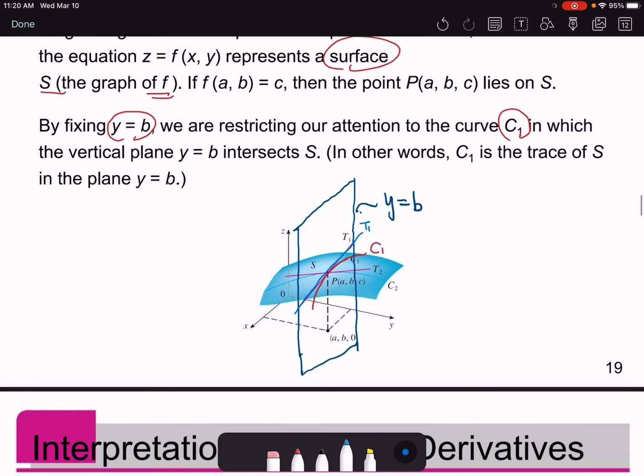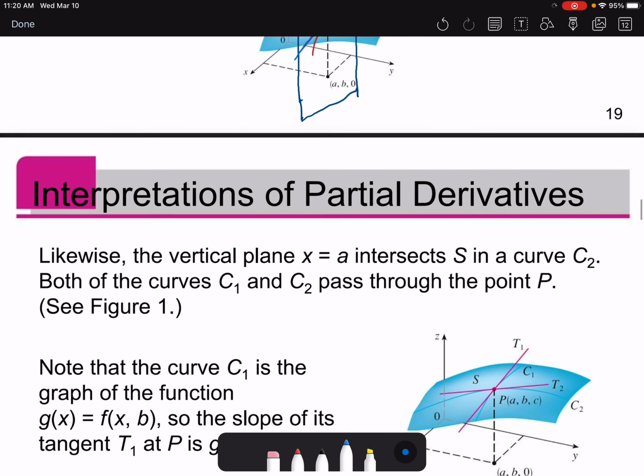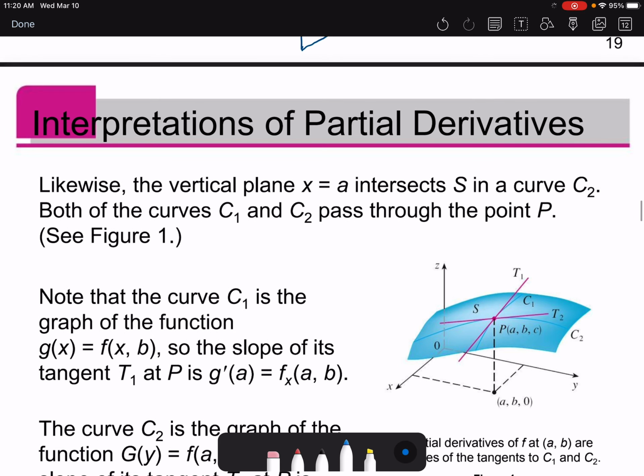Similarly, if we look at the derivative with respect to y, when x equals a, now we're looking at this curve C2. Sorry, my bad, not that.